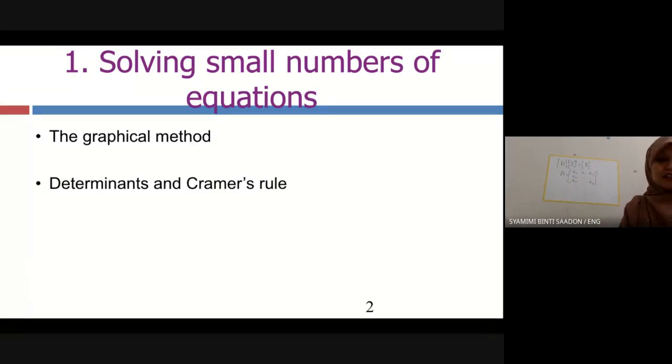That's how we write the matrix A. By using the determinants method, we have to calculate the determinant of A.